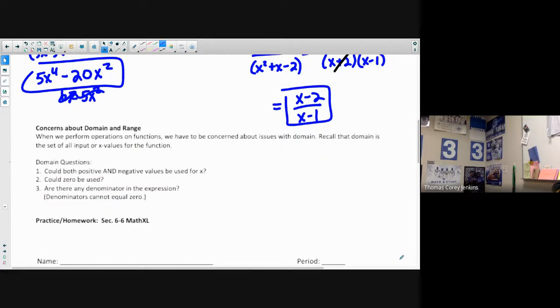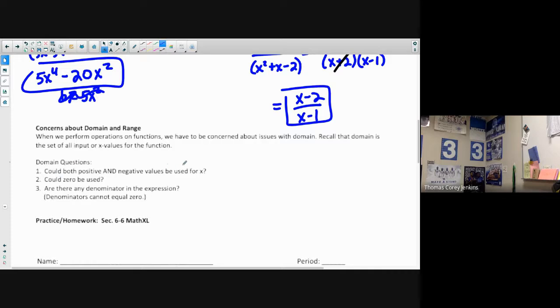All right. Then we get into concerns about domain and range. When we perform operations on functions, we have to be concerned about issues with domain. And recall that domain is the set of all input values for the function. Okay. So domain questions. 1, could both positive and negative values be used for x?